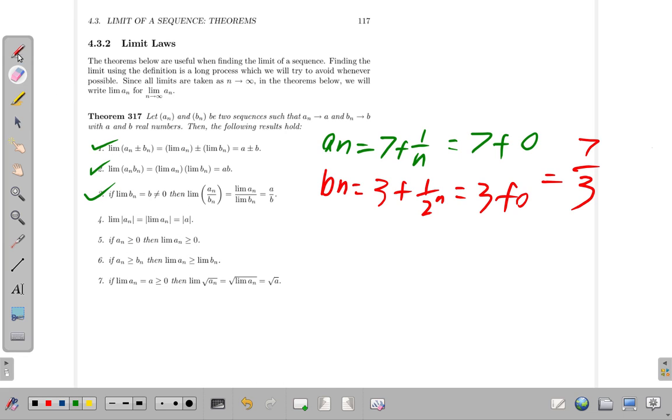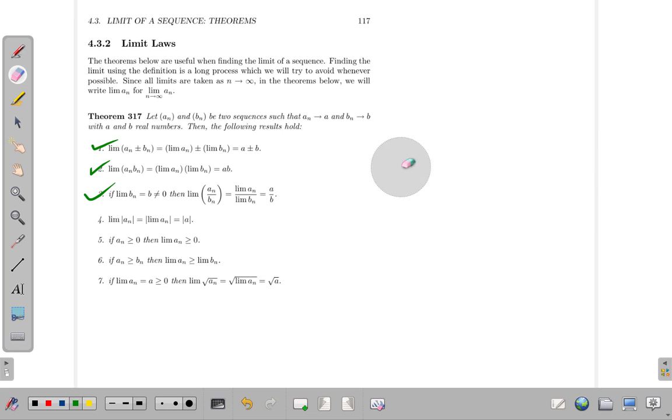It says the limit of the modulus of an is equal to the modulus of the limit of an. Let's see an example of that. Suppose an is equal to, let's say, 7 over n minus 5.